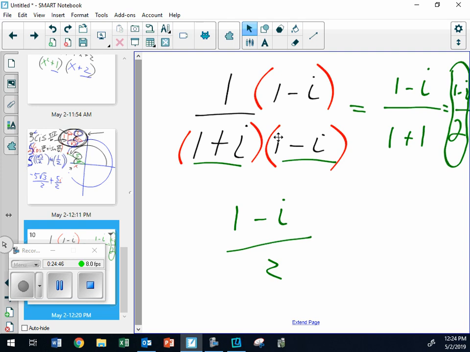There's just a different way to write it that will separate it into two distinct parts. You can take the 1 over the 2 and the negative i over the 2, and there you have it.